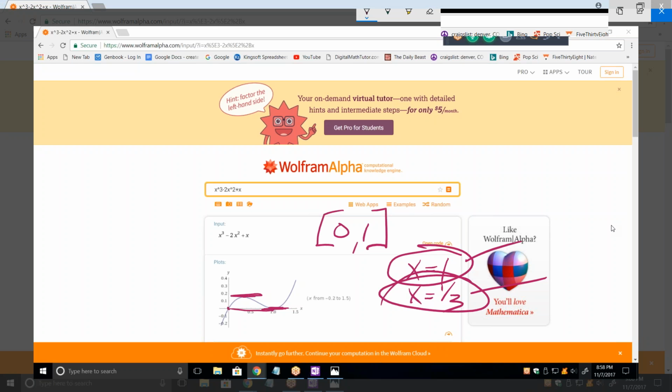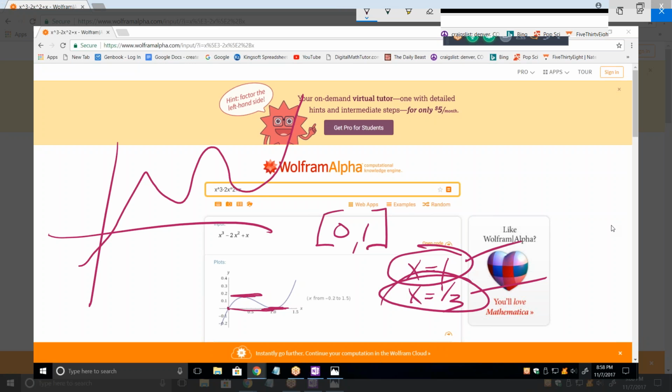Okay? In other words, if I have a weird looking function like that, and I can tell that the slope between there and there is that, the mean value theorem guarantees me that one of these tangent lines matches this slope, like that.